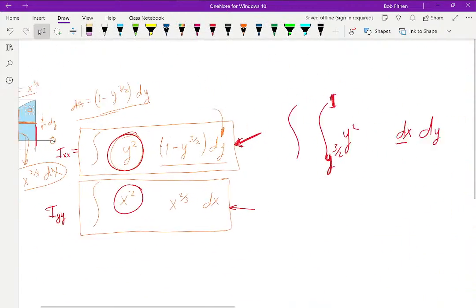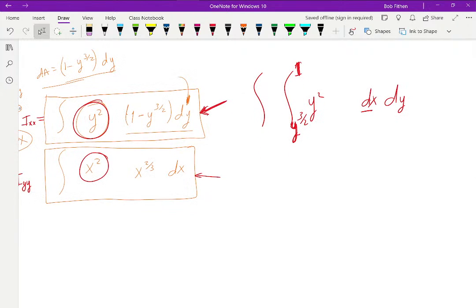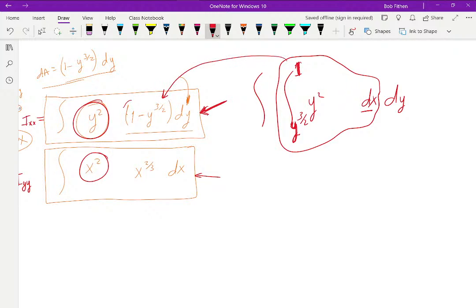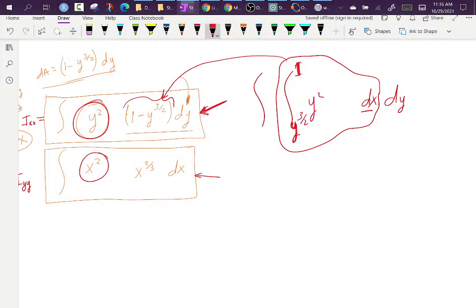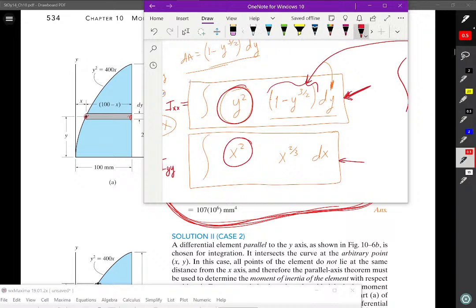Okay, so with this dx in here, I'll just put a box around it. This would have yielded you this component. Now if you look back at the book, oh, that's not the book.